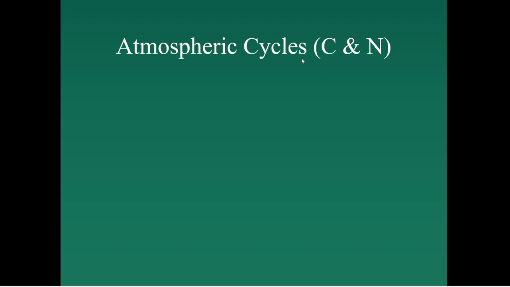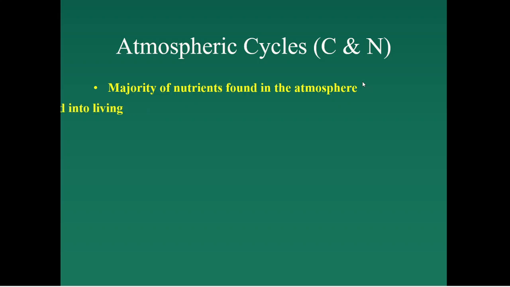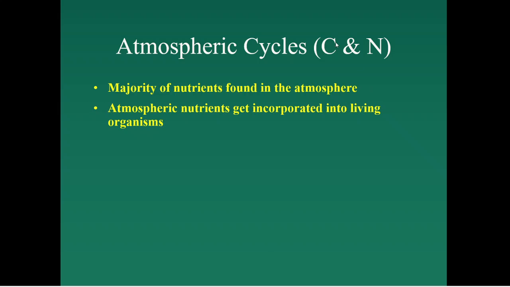And there are atmospheric cycles of not only carbon, but also nitrogen, okay? The majority of the nutrients found in the atmosphere are carbon and nitrogen, and they get incorporated into living organisms. So carbon and nitrogen can be breathed in and taken in, and nitrogen is usually taken up through the soil. Carbon is photosynthesis.